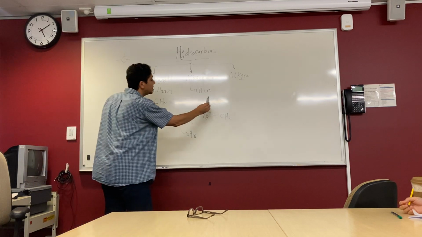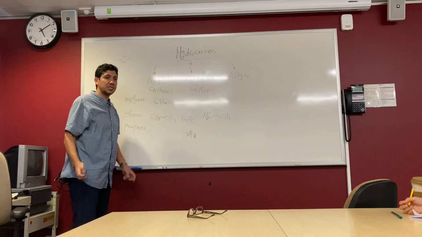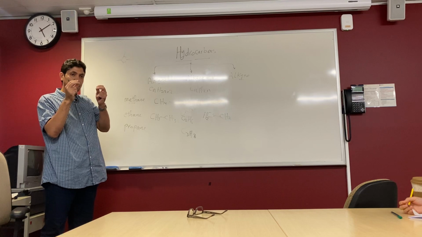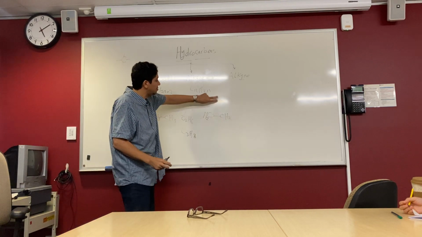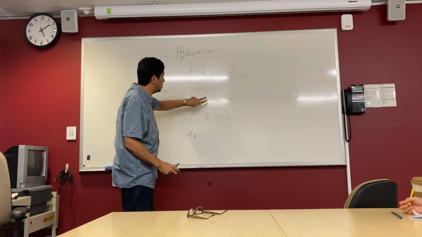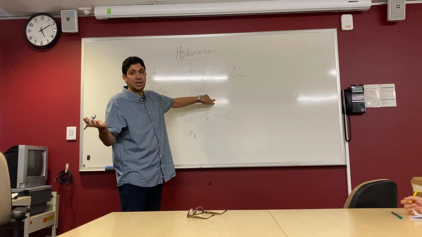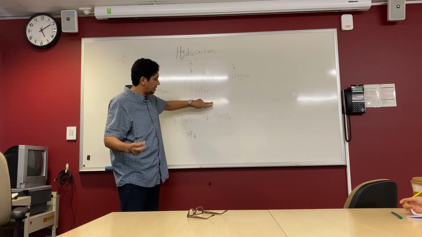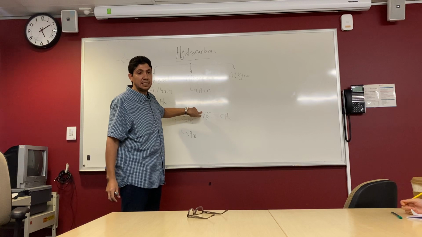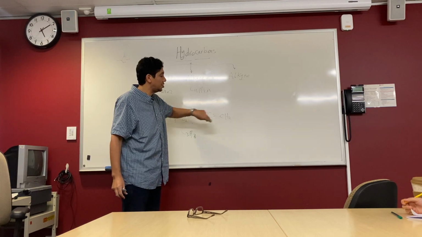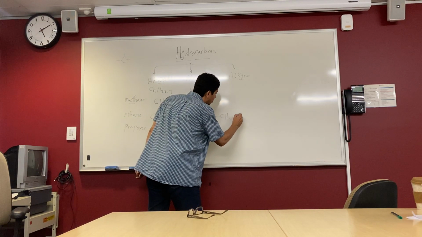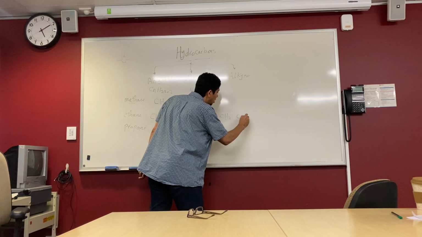This is why the first member cannot be 1 carbon, because the double bond must be between 2 carbons. The first member, which would be CH2, is not a compound, it's just a group. But the first member is CH2 double bond CH2, with molecular formula C2H4.